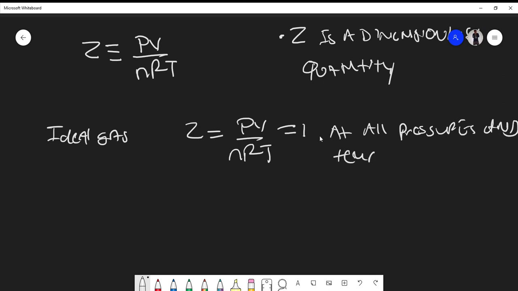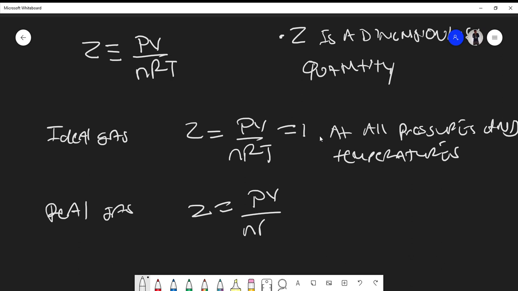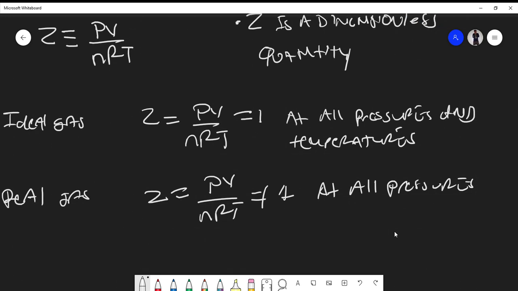For a real gas, however, Z is equal to PV over nRT, where this does not equal 1 at high pressures and low temperatures. So that is the difference.